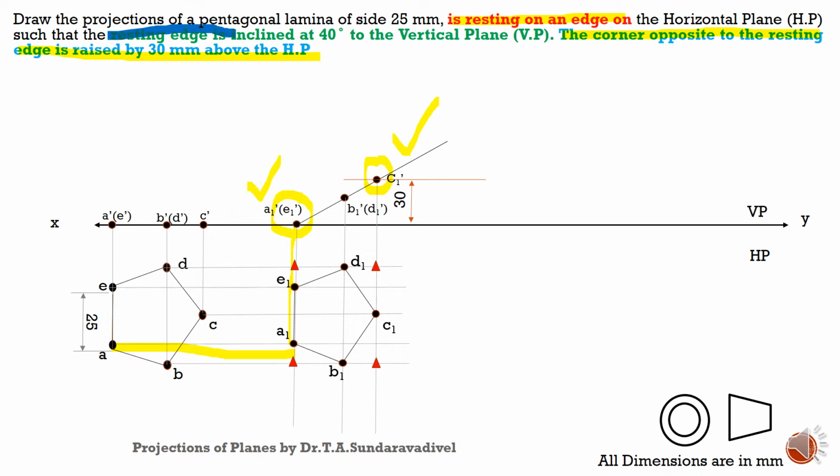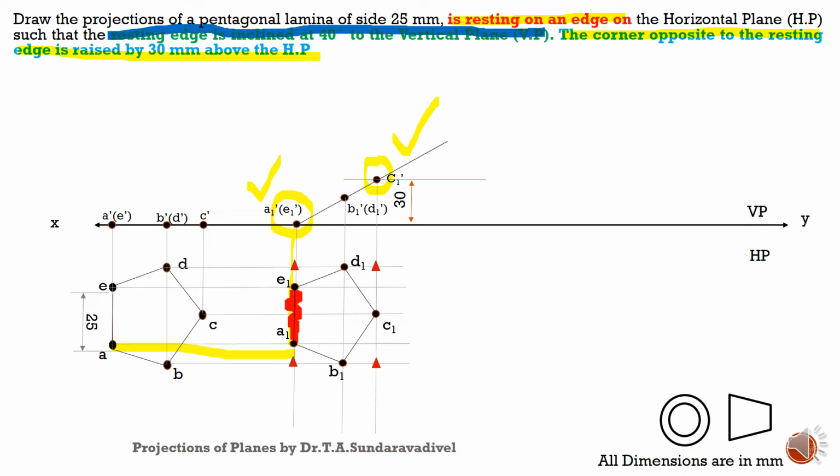The resting edge is inclined at 40 degrees to the vertical plane. This condition we have not solved yet. So how to solve this condition? What is the relation between the resting edge and the vertical plane? AE is the resting edge.